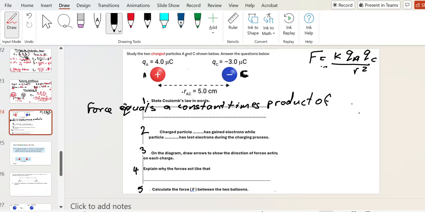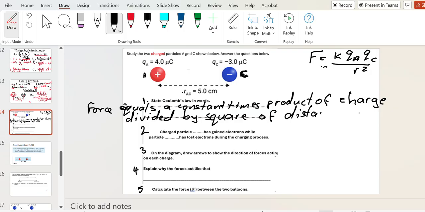I'm simply writing this formula in words. Product of charges. I go down. This line means divided by the square of distance. Distance between the charges. Okay?